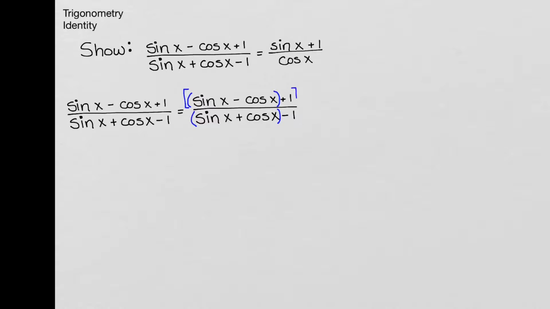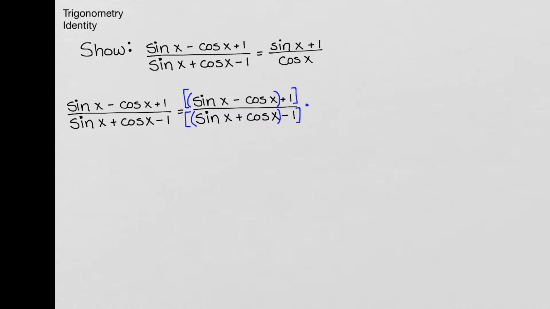And then I'll put brackets, because the whole purpose in making this into a 2-term expression is that I'm going to now multiply by the conjugate of either the numerator or the denominator.